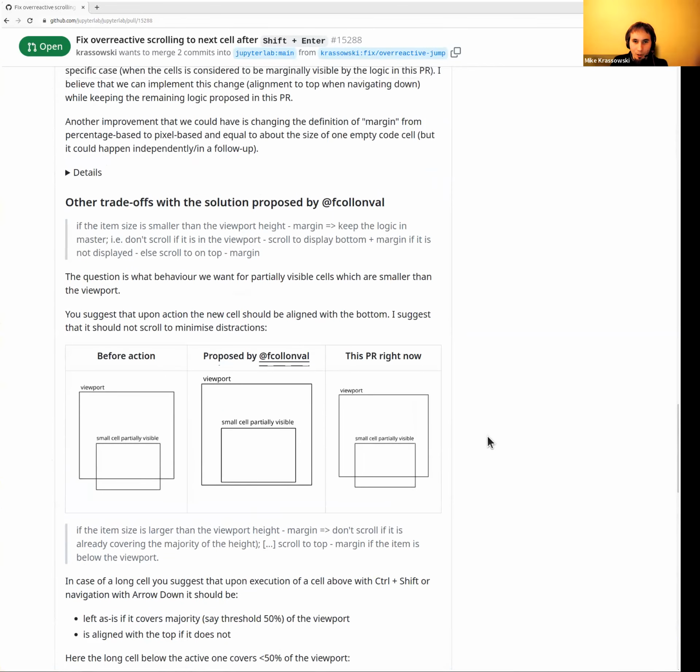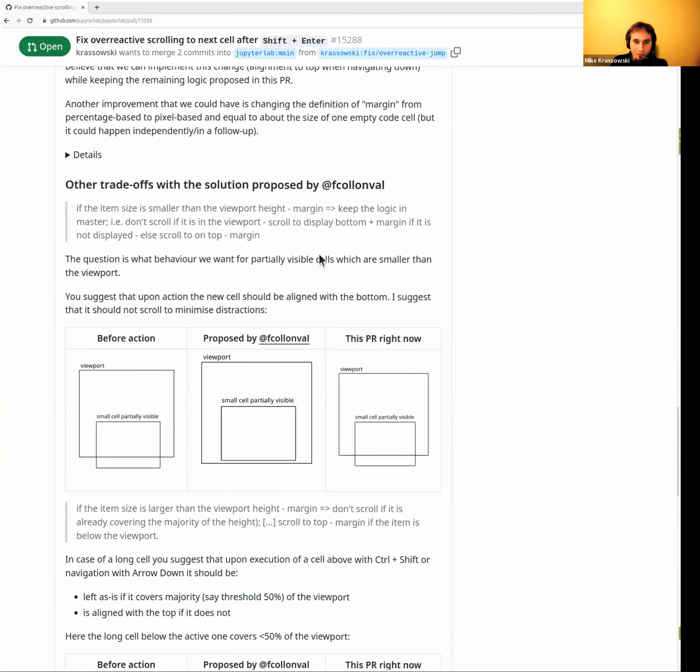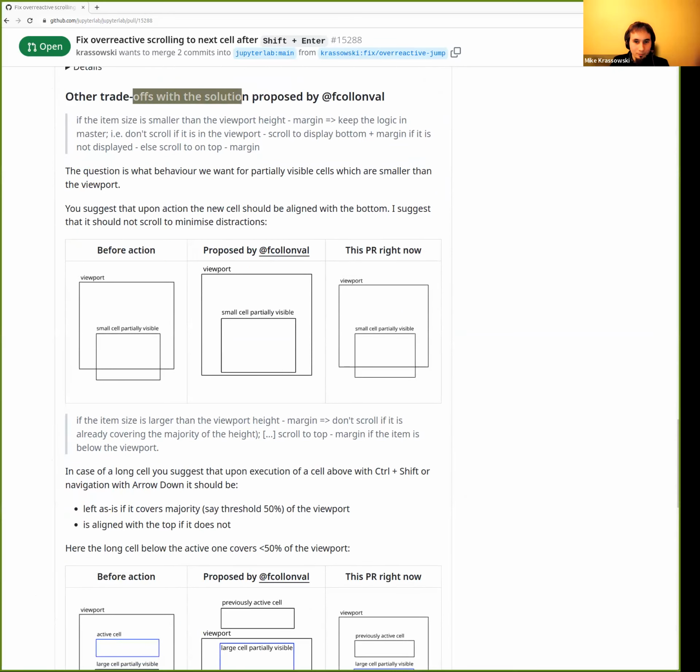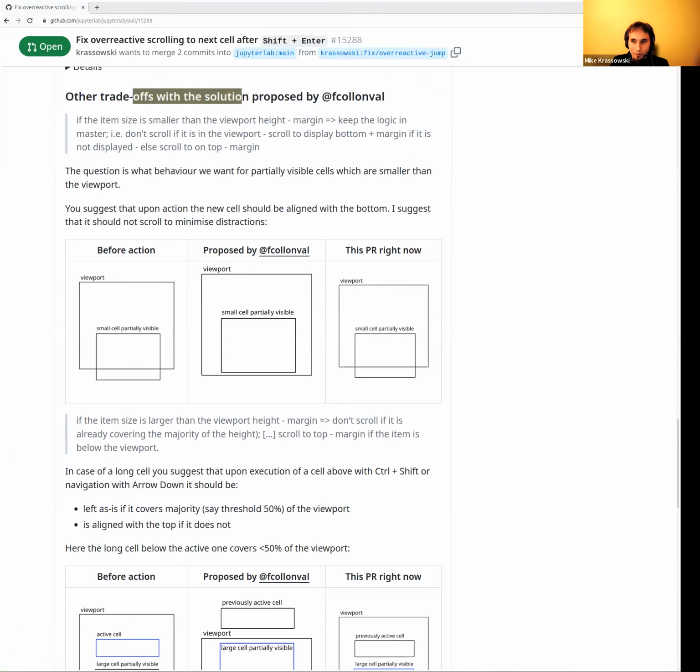And in particular, here is a comparison of trade-offs of different proposals.